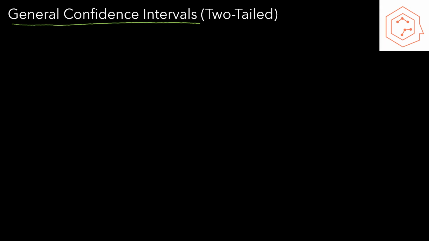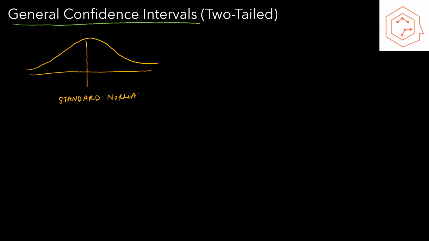So you can imagine that we have a normal distribution, and we're going to be using z-scores right now, and so we're going to be considering a standard normal distribution, and then we'll shift back to the x world for the general case.